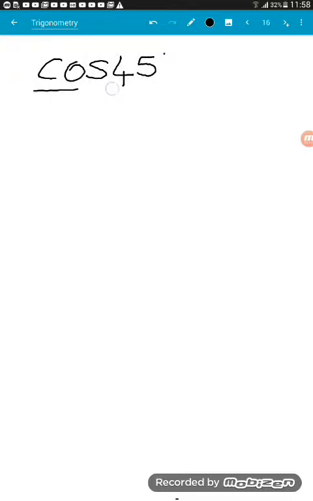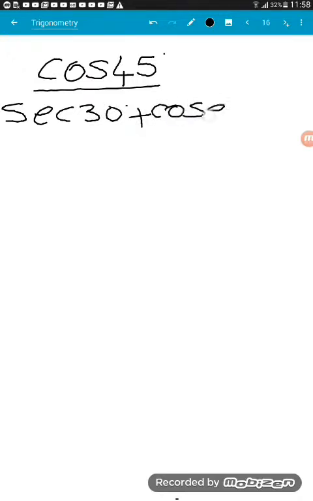So question number 3, cos 45 by sec 30 plus cosec 30. So cos 45 is nothing but 1 by root 2.